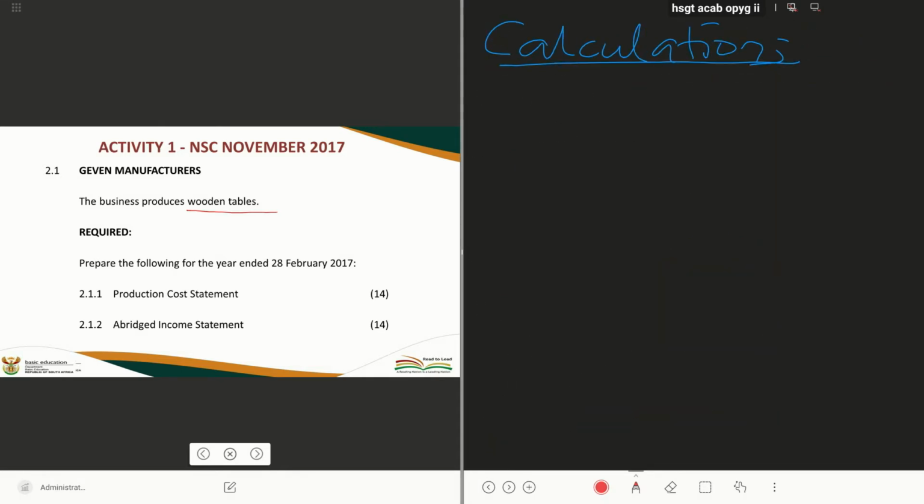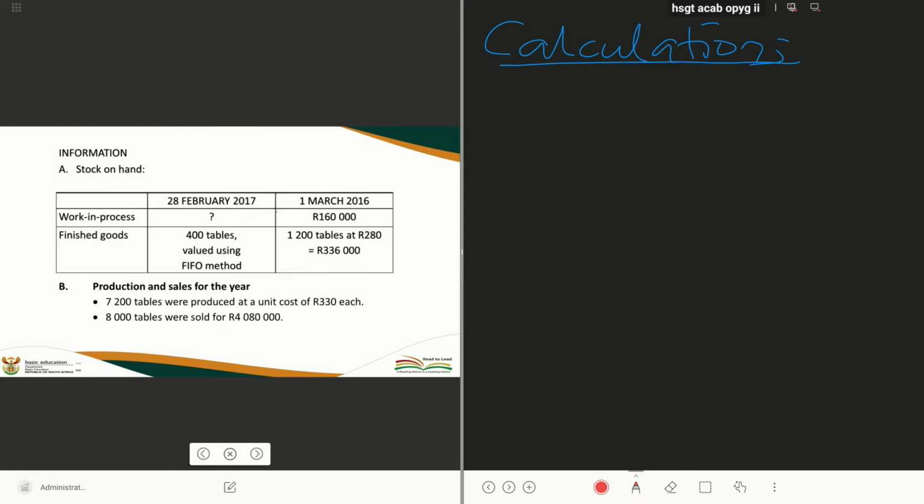Okay, let's start then with our activity. Remember what I said to you? I said make sure you do both the production cost as well as the abridged income statement concurrently. Let's go to our adjustments. Okay, our information is as follows. Always, when you have 2 years, dear learners, make sure you draw something like this.